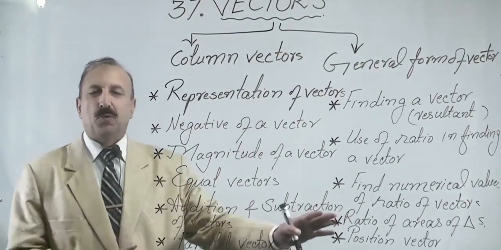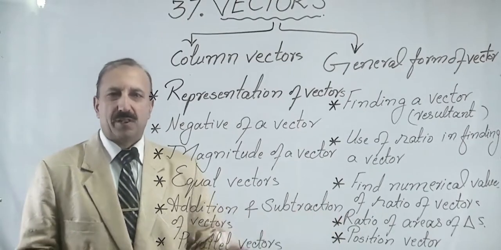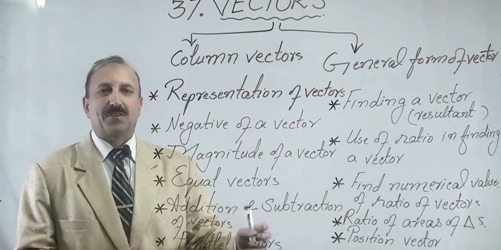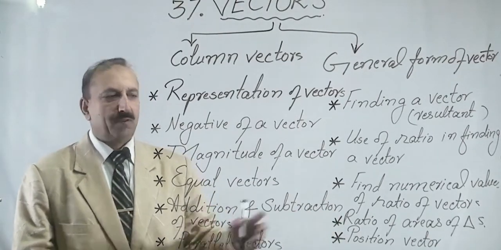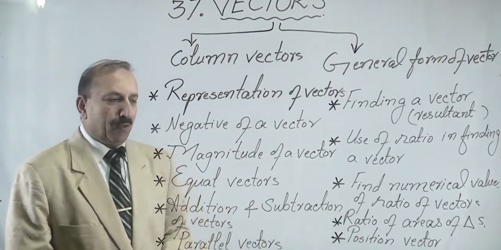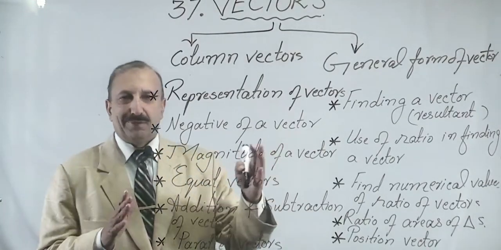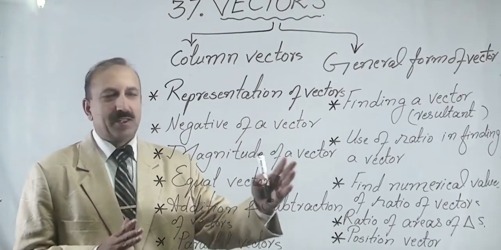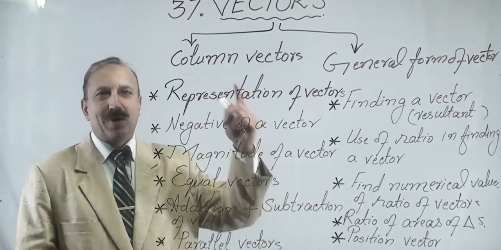And then finally, position vector is a mix-up of both concepts with additional sense of coordinates used for vectors. So we will now learn in detail all these concepts related to vectors.